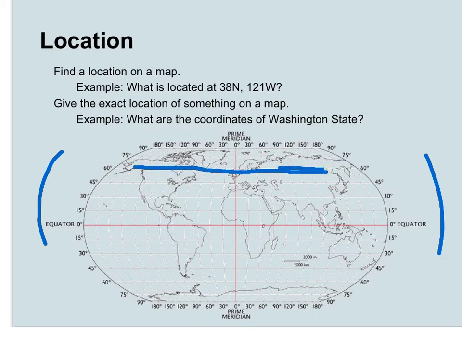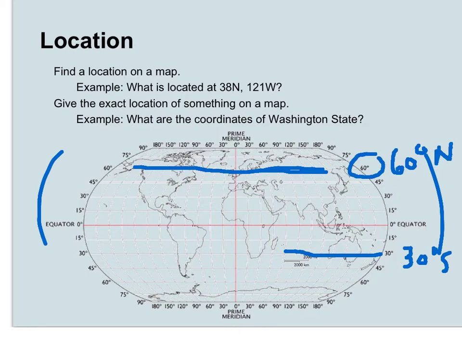Like that line right there is represented by the number 60, and this is north of the equator, so that would be 60 degrees north. Down here, that line would be 30 degrees south because it's south of the equator. North means above, south means below.